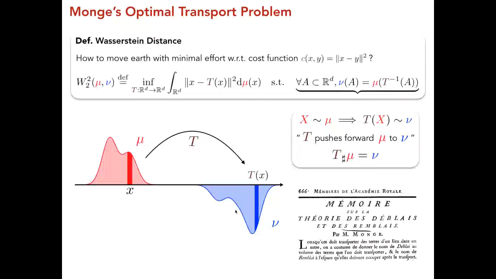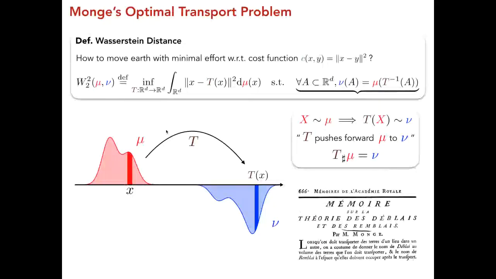And the way he measured this total effort is by taking the total sum of the square distance the workers travel times the quantity of mass they transported along that distance, right? And you take the sum of this, so the integral of this, and you get the transportation cost, okay?